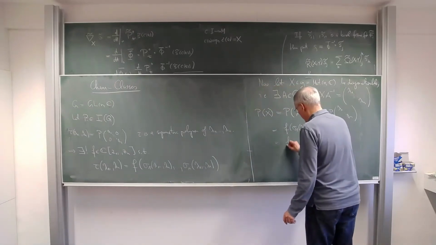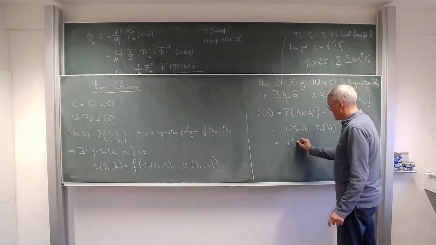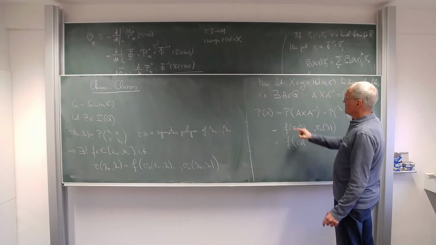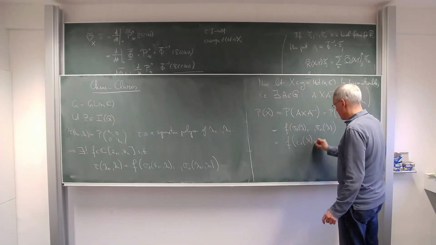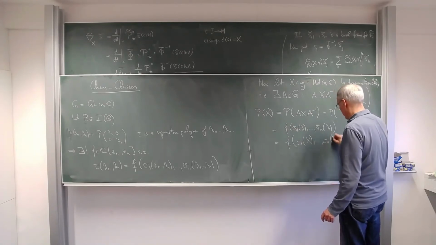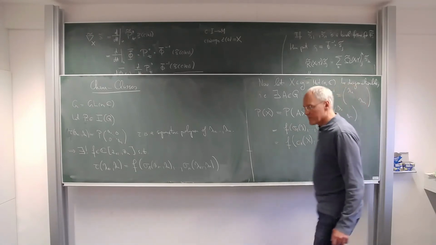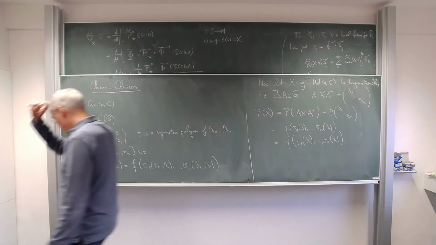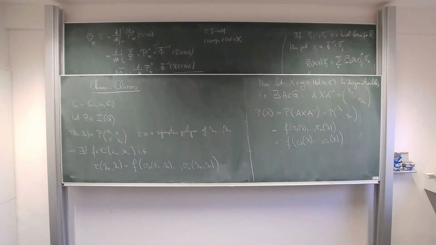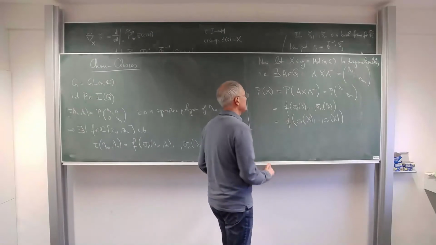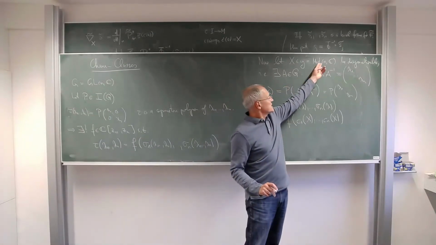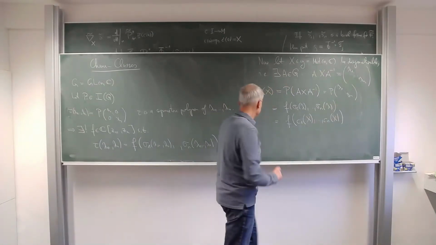So this is the same thing as f of C1 of the original matrix X all the way up to Cn of the original matrix X. And this holds for diagonalizable matrices. Now, diagonalizable matrices are dense in the set of all matrices.